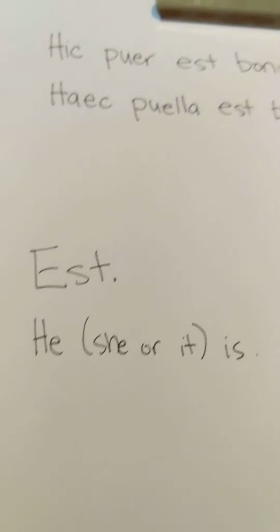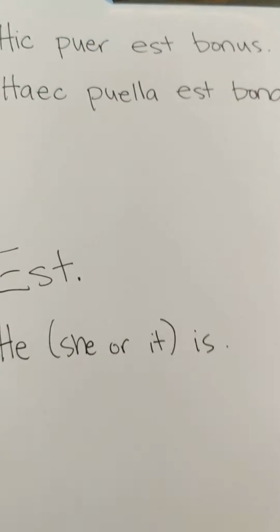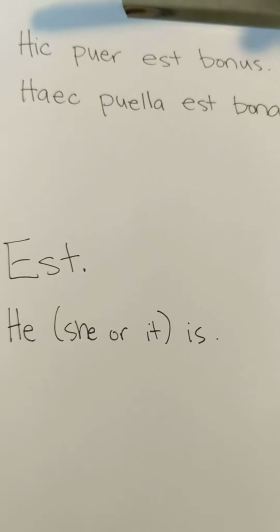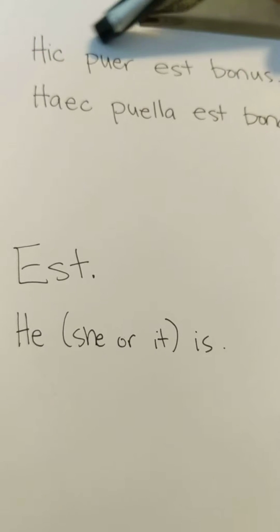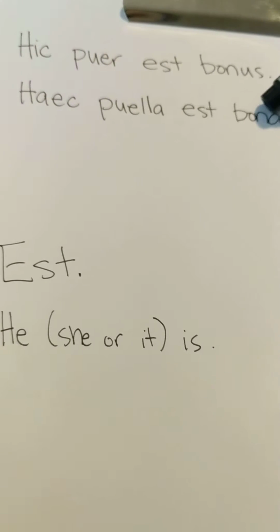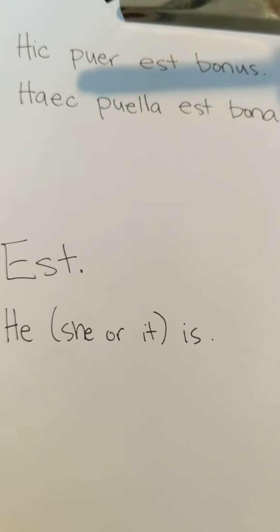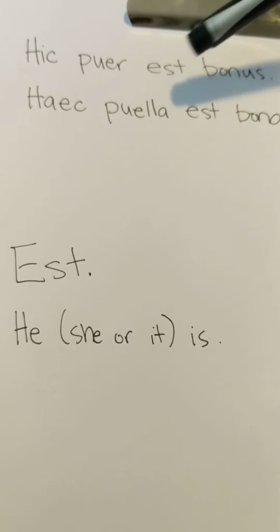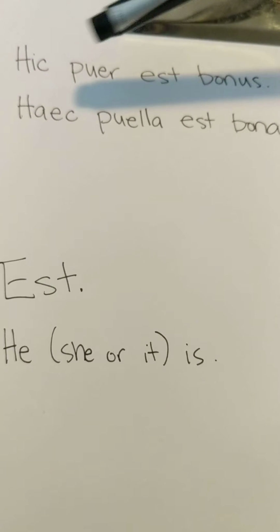So I want to point out another thing that happens in this chapter, and that is that these two sentences, let's look at them really quick. This is a sentence from the first paragraph. This is a sentence from the second paragraph. This sentence, hic puer est bonus. Okay?